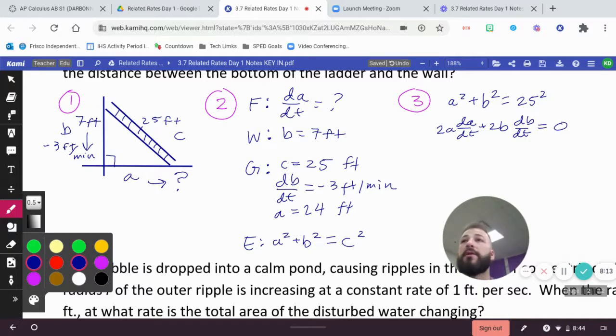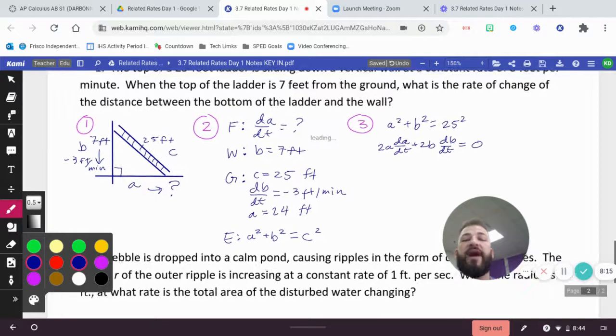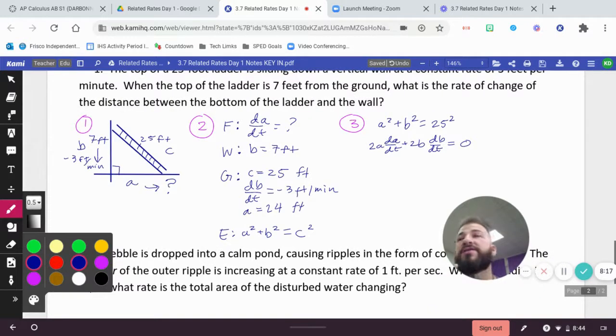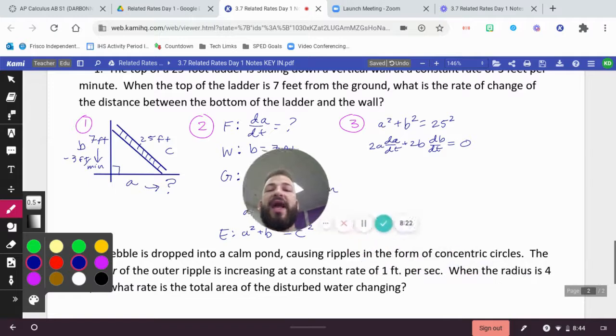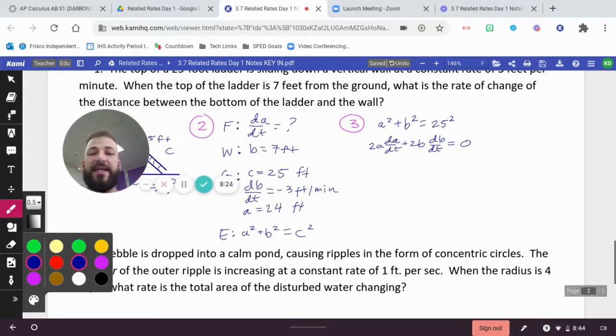Okay. And that's step 3. So step 4, our final step, is just to plug in all of our Fwiggy and solve for our find. So I'm going to plug in everything except dA dt and then just solve for dA dt.